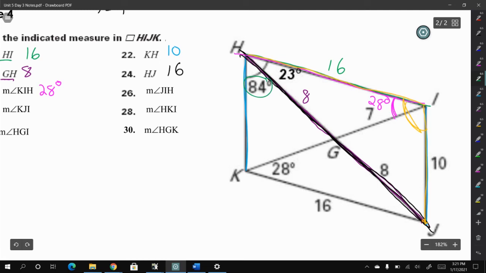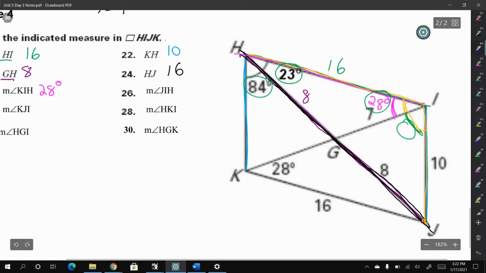This 84, this 23, this 28, and this part right here that I don't know. If I find that little part that I don't know, then I can add that little part to 28, and that would give me the whole angle. Well, these four smaller angles right here must add up to 180 degrees, because those are consecutive angles as well.